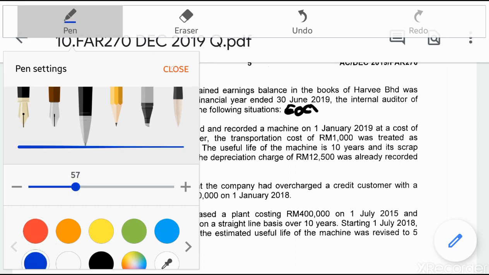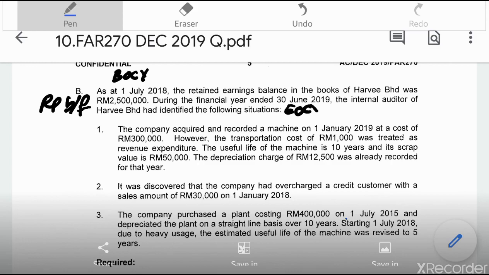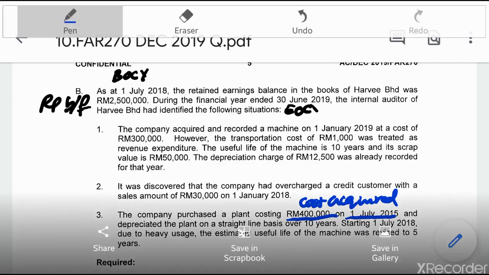Now we go on to this part, which is not an error actually. The company purchased a plant costing 400,000, on 1st of July. This is the date of acquisition, and this is the initial cost that you have acquired. You are informed that it was depreciated on a straight line basis.